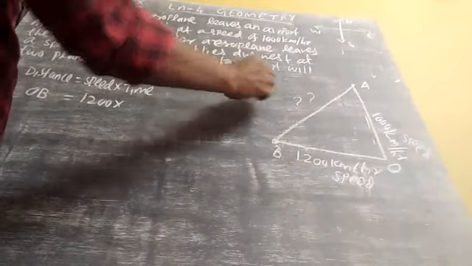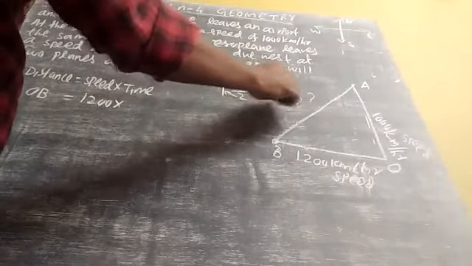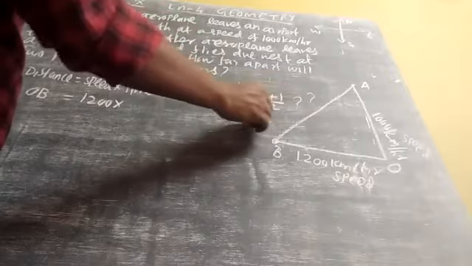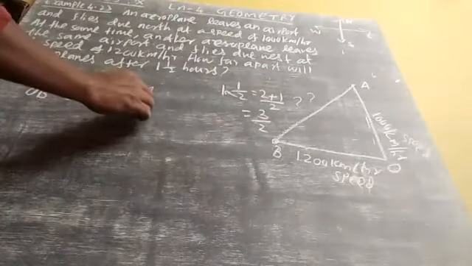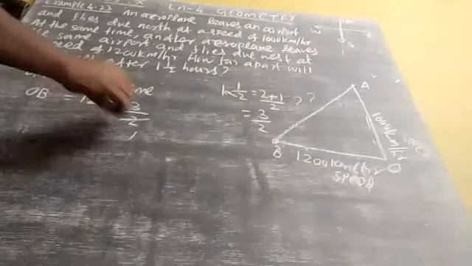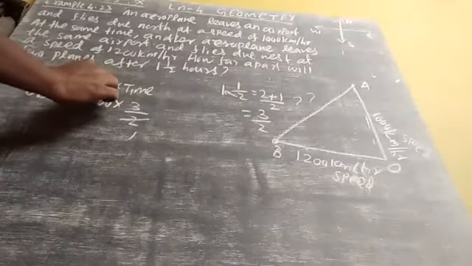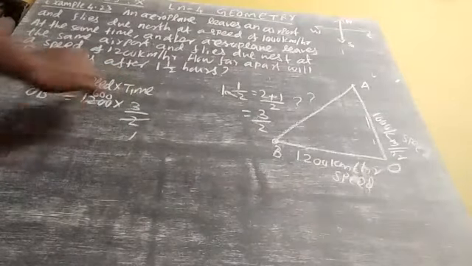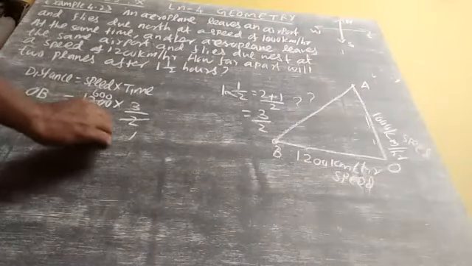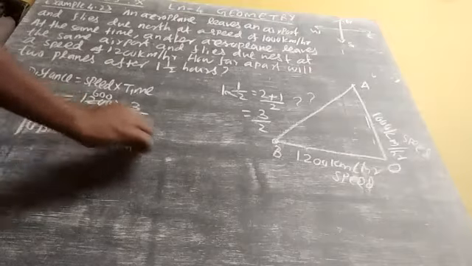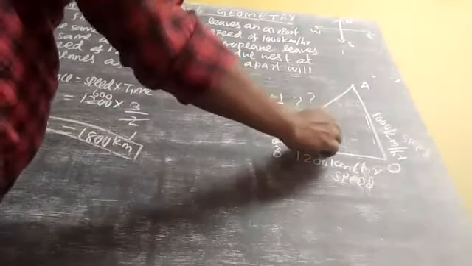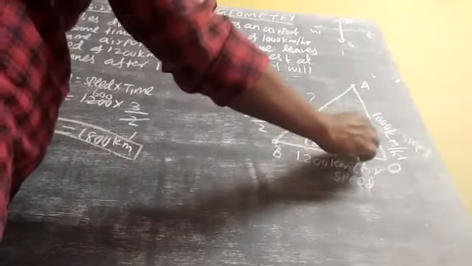Cross multiply: 1 into 2 is 2, plus 1, answer 3 by 2. Mixed fraction converted into improper fraction. So 3 by 2, cancelling, 600 times. 600 into 3, answer 1800 kilometres. This is the original distance.